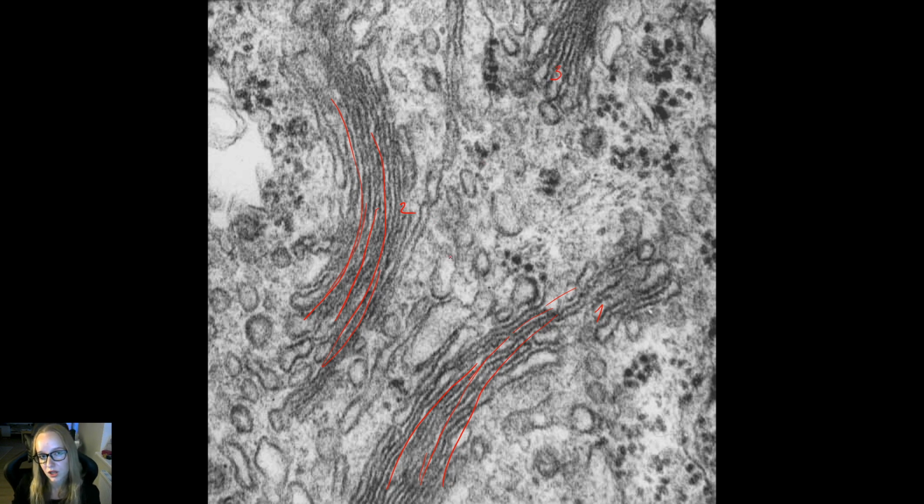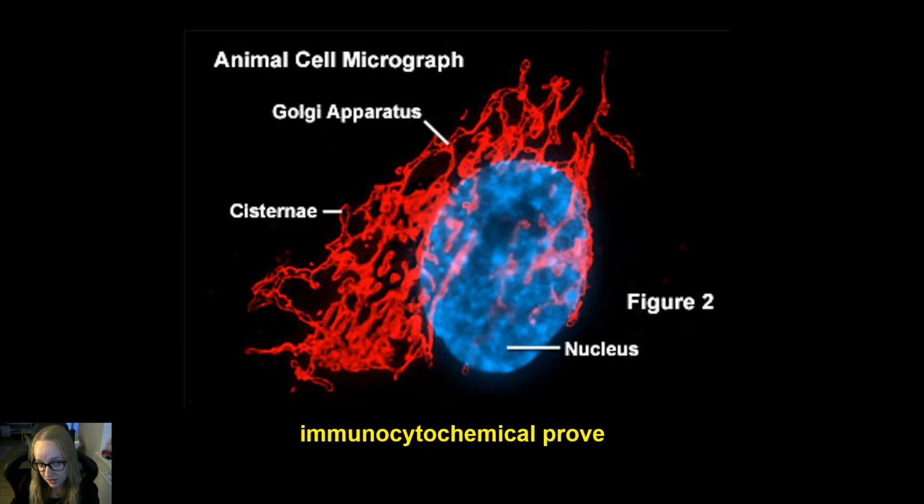There is only one Golgi complex, which is made of separated cisternae, and you can see it right here in a fluorescence microscope photo, and you can see how big Golgi complex is, because this blue structure right here is a nucleus, and this red structure around is a Golgi complex. So really it's really big.